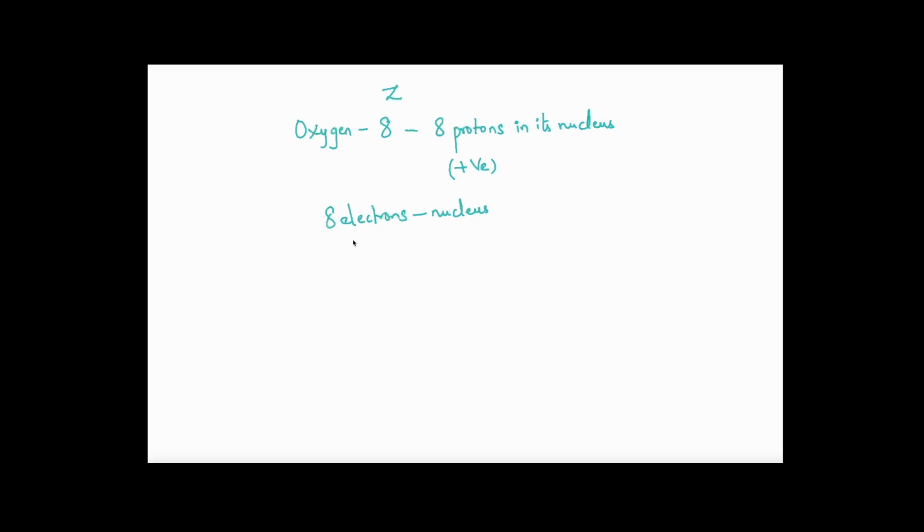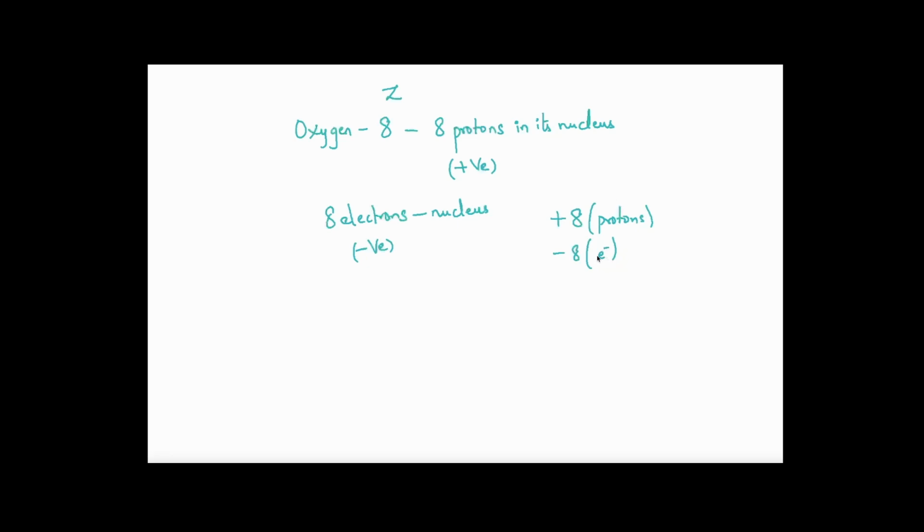So if we see, the electrons are negatively charged. Now if we take both the positive and negative charges here, it has plus 8 for the protons, and minus 8 for the electrons. So a neutral oxygen atom has 8 protons in its nucleus.